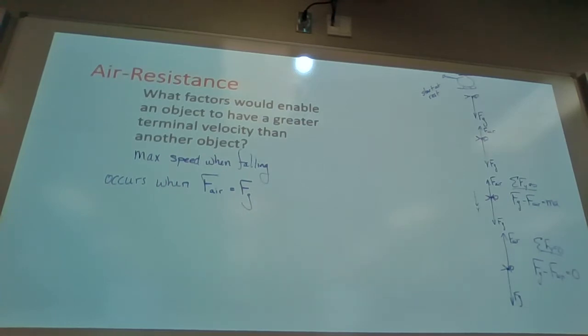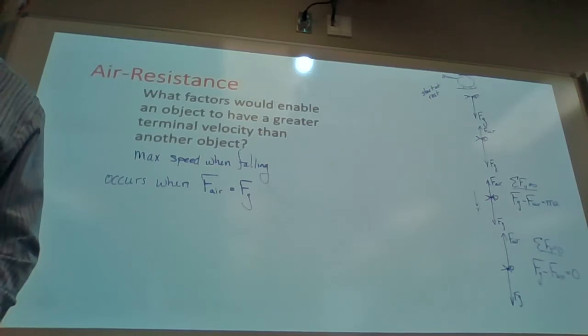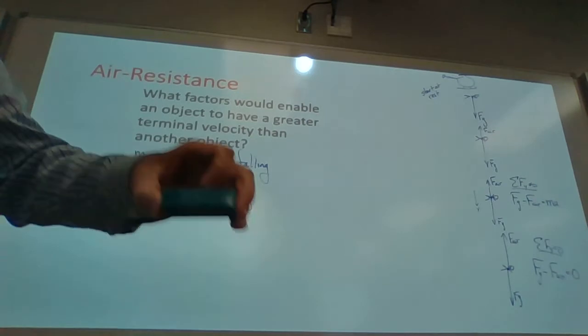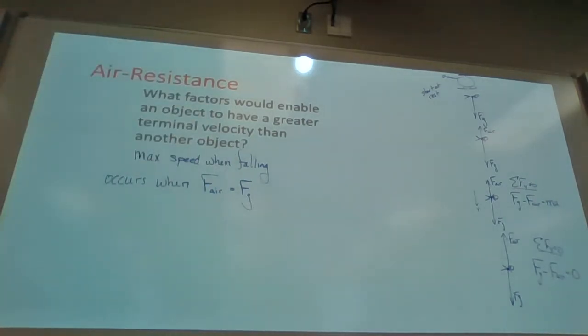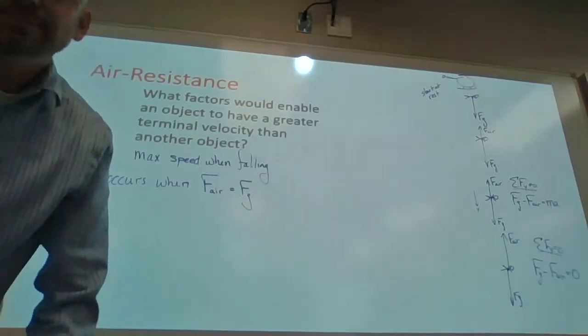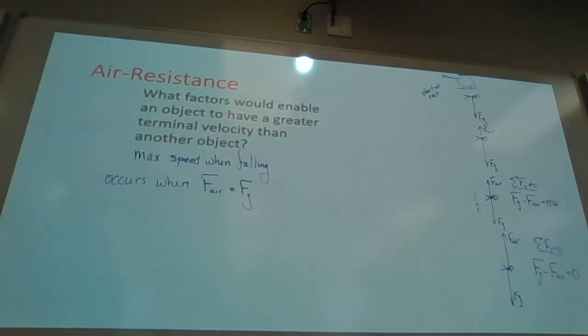So, in the presence of air resistance, do all things fall at the same rate? Nope. Sorry, TV folks. So what would cause something to have a greater or a lesser terminal velocity than something else?